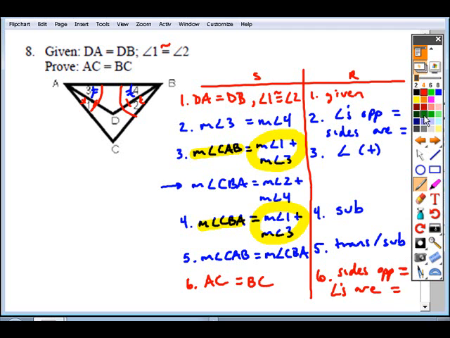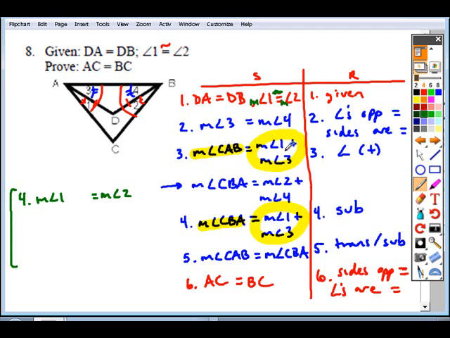Okay, now, again, let me go back and show you the alternate form of this. Instead of step 4 being what it is, there's another option. Let me think of this in terms of its equality. So if we had the measure of angle 1 equals the measure of angle 2, and we have angle 3 is equal to angle 4. Well, if we took this whole first equation right here, measure of angle 1 is equal to measure of angle 2, okay?